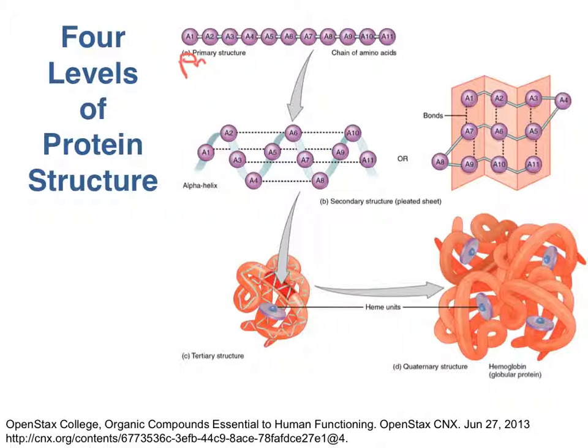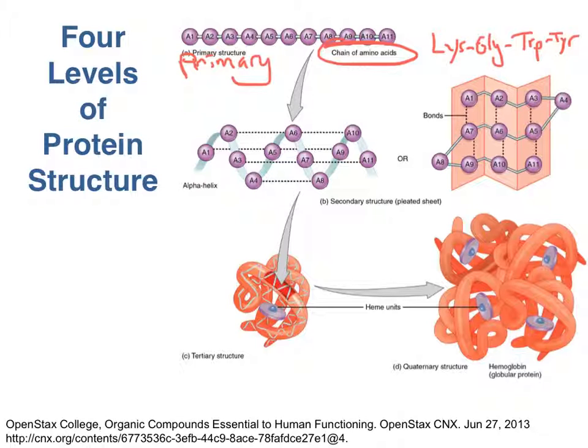The first level is the primary structure, and that's just the chain of amino acids. So that's just the sequence of amino acids. If I wrote out, say, lysine, glycine, tryptophan, tyrosine, that's the primary structure of a protein, just what amino acids and in what order.